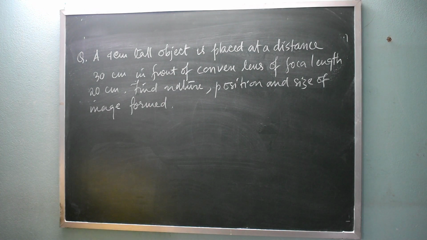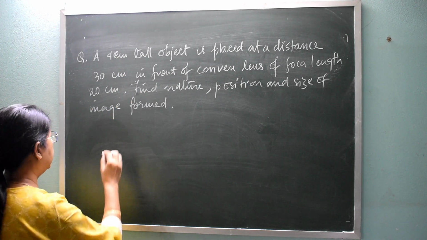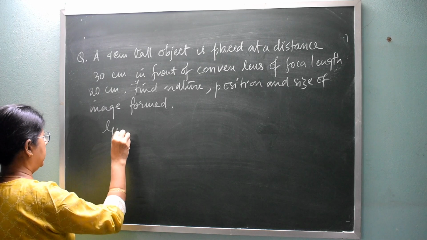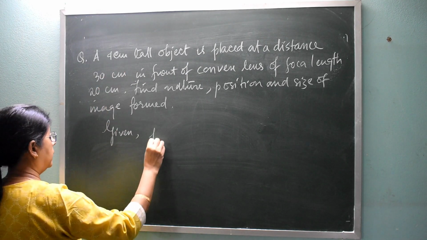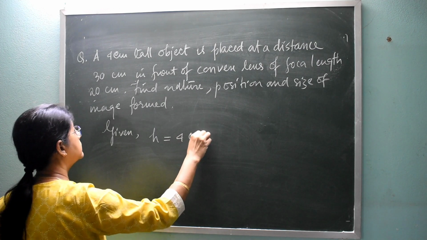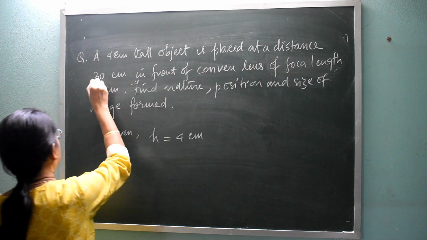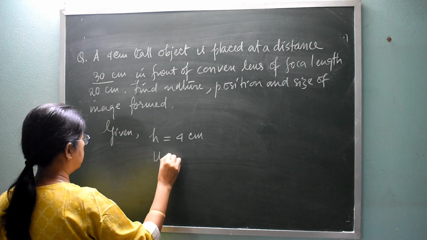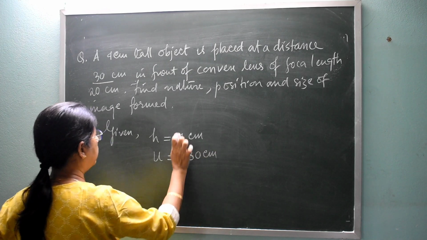What is the question? Before doing the numerical, first we will write the data given. The height of the object will always be positive because it is placed above the principal axis. It is placed at a distance of 30 centimeter, so the object distance will be negative, that is minus 30 centimeter.